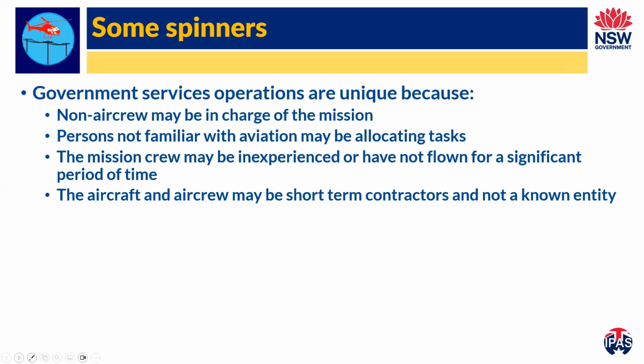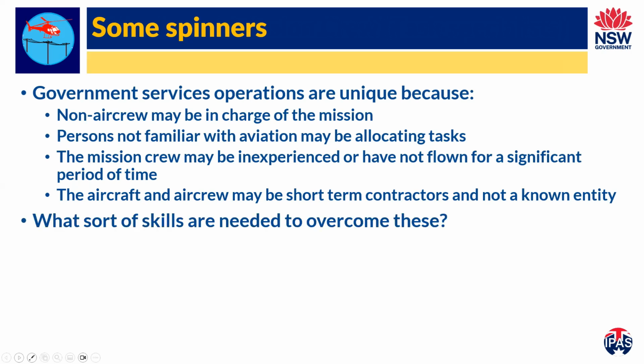But there could be a time where you might need to have a second sort of aircraft. So bearing that in mind, what sort of skills do you think that you would need or would come in handy if you need to overcome those sort of issues? What sort of interpersonal skills, what sort of aviation skills would be useful?